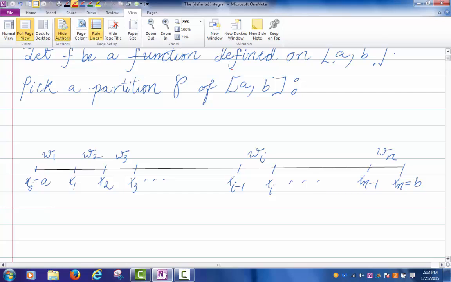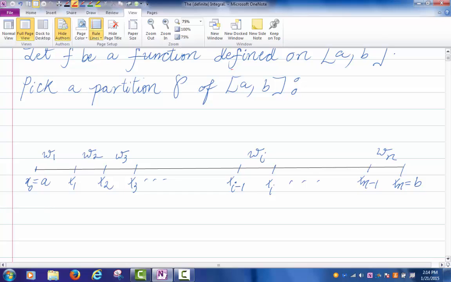So the ith subinterval would be what? x_{i-1} and x_i, because the word ith goes with the index of the second or right-hand point. So this would be the ith subinterval, x_{i-1} up to x_i. Why do I use that notation, the ith subinterval?